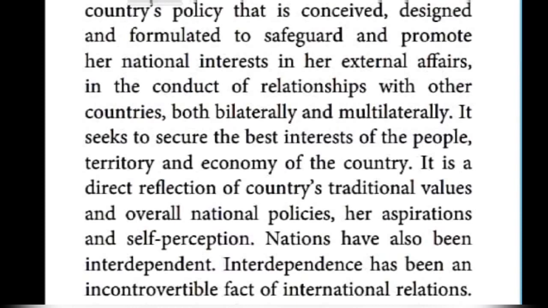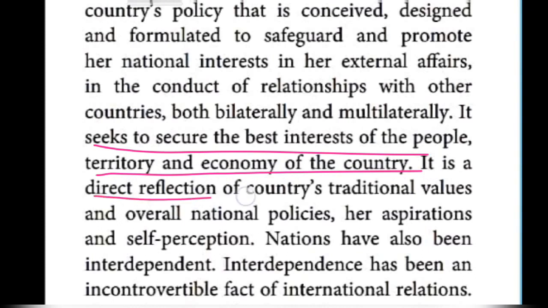Both bilaterally, the relationship with two countries, and multilaterally, the international relationship with many countries. So it seeks to secure and protect the interest of the people as well as the territory and economy of the particular country.